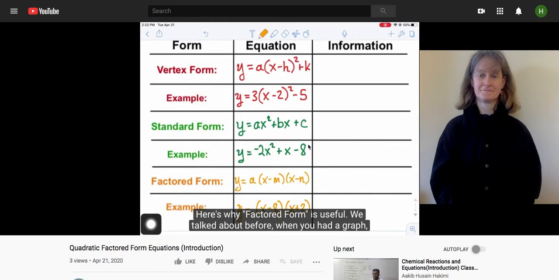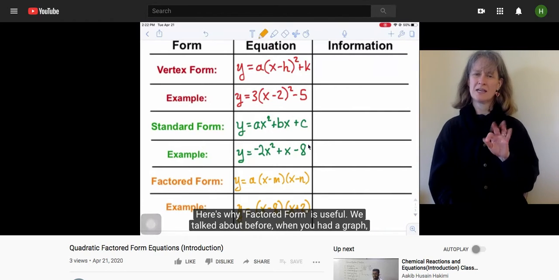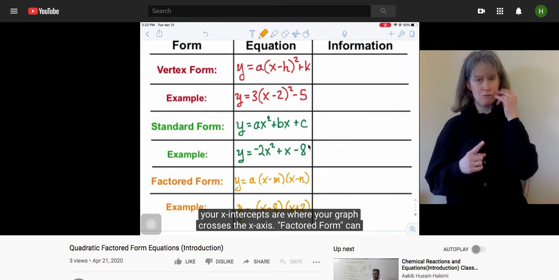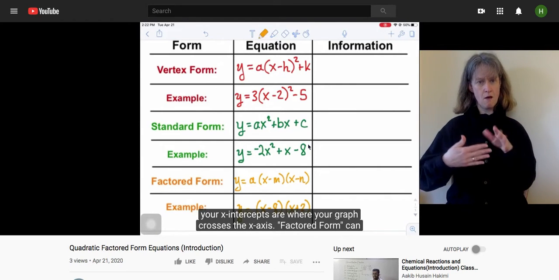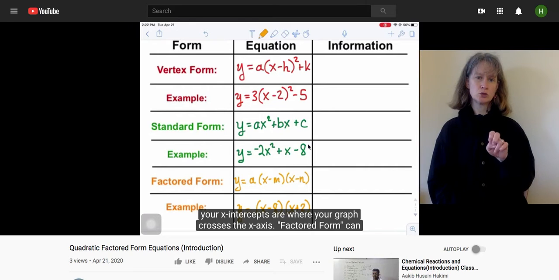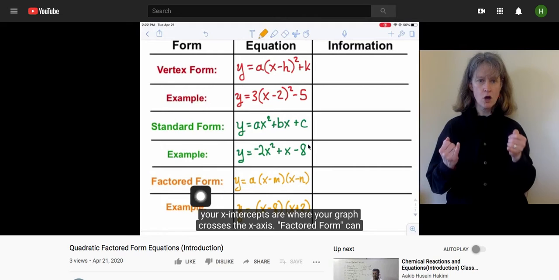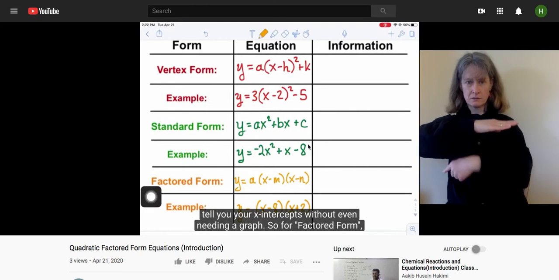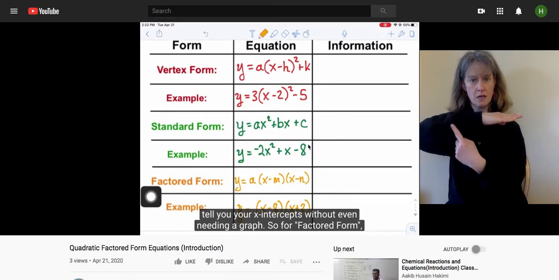Here's why factored form is useful. We talked about before when you had a graph, your x-intercepts are where your graph crosses the x-axis. Factored form can tell you your x-intercepts without even needing a graph.